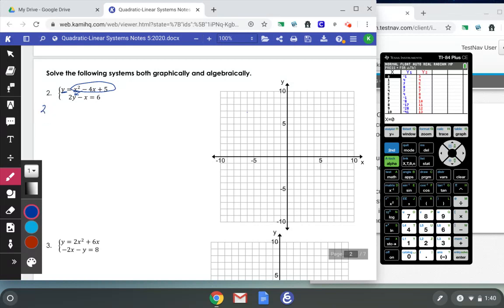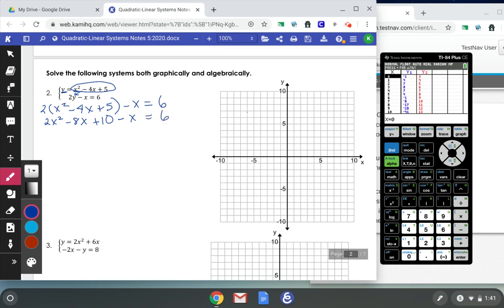So I'm going to think 2 times (x squared minus 4x plus 5) minus x equals 6. All right, so now I have to go through and simplify this. The first thing I'm going to do is distribute. I get 2x squared minus 8x plus 10 minus x equals 6.